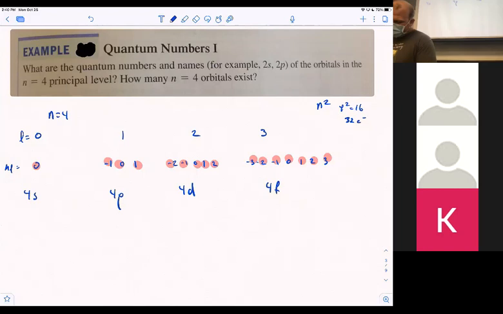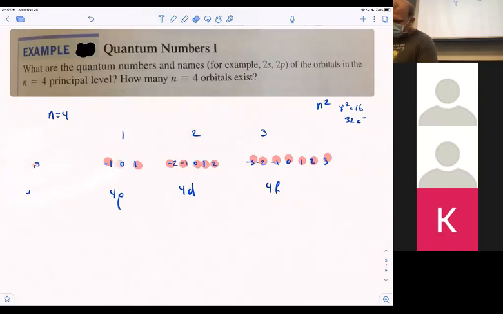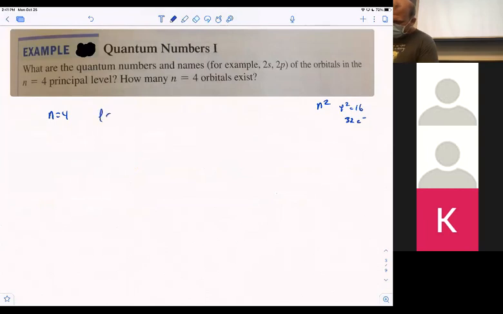So if n equals 4, l is bound by 0 steps up to n minus 1. So that means l can be 0, 1, 2, or 3.